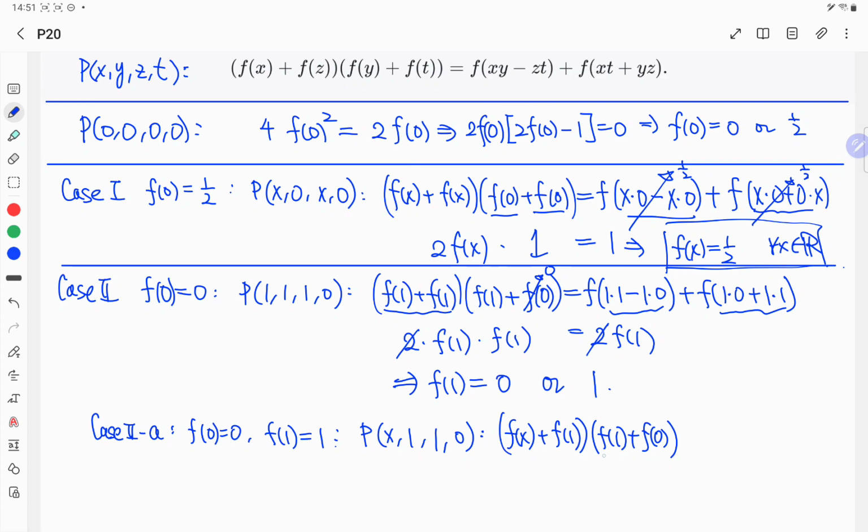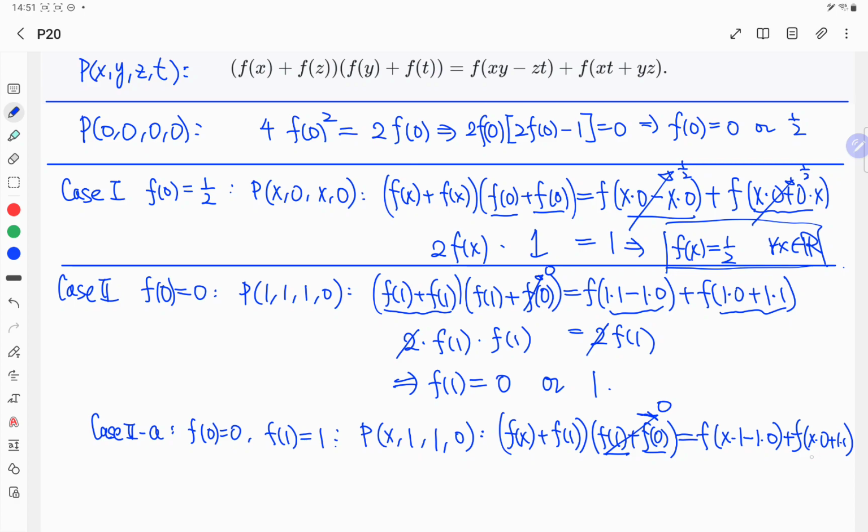We can see f(1) is 0 and f(0) is also 0, so this whole term is 0. 0 times anything is 0 on the left side. On the right side, we have f(x times 1 minus 1 times 0) plus f(x times 0 plus 1 times 1).